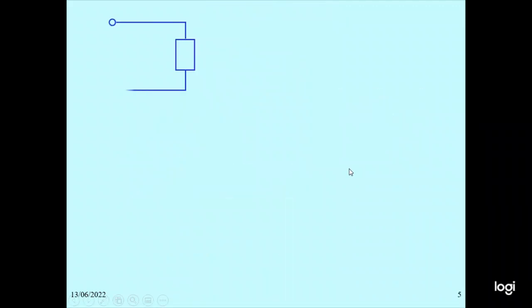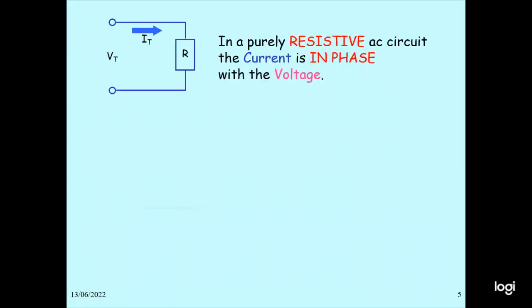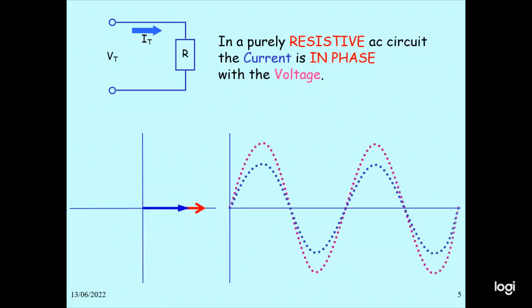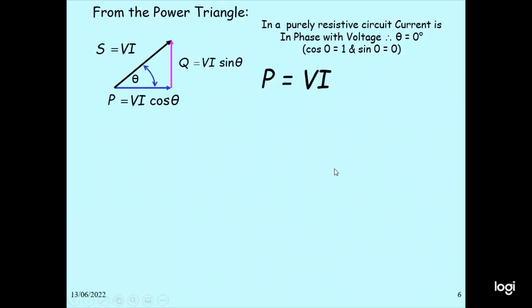So in this case, this is a circuit here. This is the voltage and the current flowing. In a purely resistive circuit, the current is in phase with the voltage. So resistive current is in phase with the voltage. In this case, the vector diagram, the current and voltage diagram, you can draw like this. So the power triangle is S equal to VI, P equal to VI cos theta, Q equal to VI sin theta.